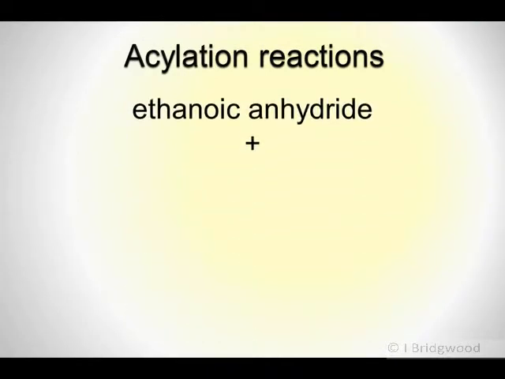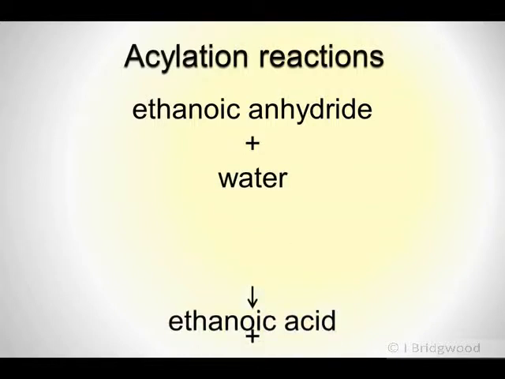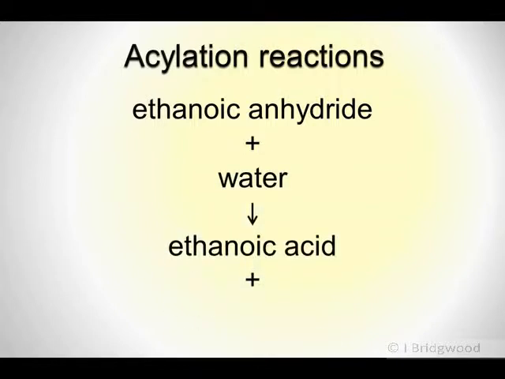Acid anhydrides follow exactly the same sort of pattern, but instead of forming HCl, you will get the carboxylic acid. So with water, you will get ethanoic acid plus, surprise, surprise, ethanoic acid.